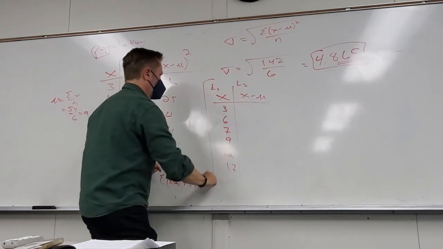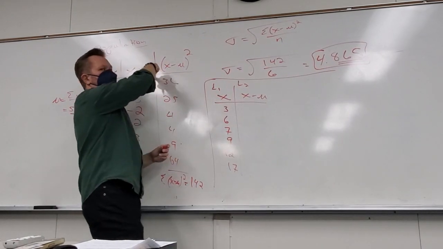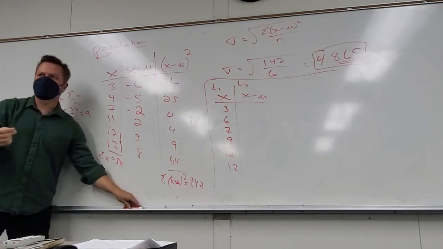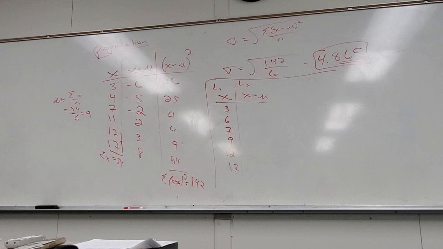Here's the one we're doing right now. I want list 2 to be the X minus the mean. And of course, the mean we already figured out is 9. So look what I could do. If I go up and highlight L2, it's waiting for me to tell it what L2 is. I want L2 to be each X minus the mean.